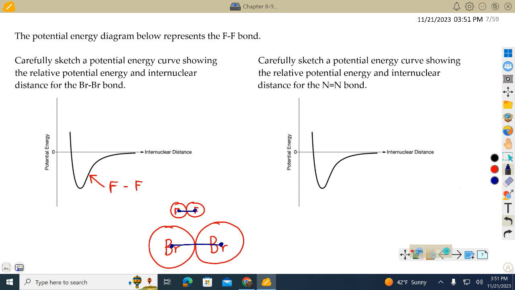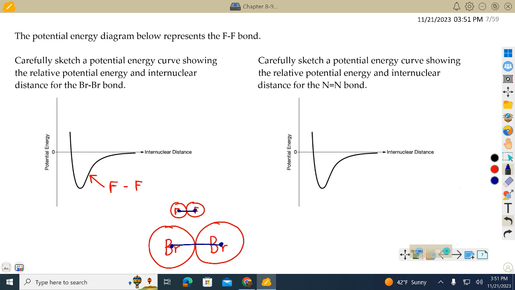Well, then I think about potential energy, the amount of energy needed to break the bond, or the amount of energy released when the bond forms. If I've got smaller atoms, they're going to pack tighter, and it's going to take more energy to break apart this fluorine-fluorine bond, which also means that more energy must be released when the bond forms.